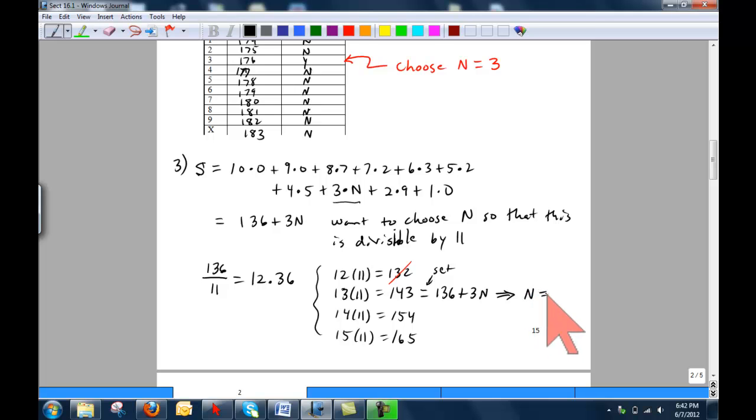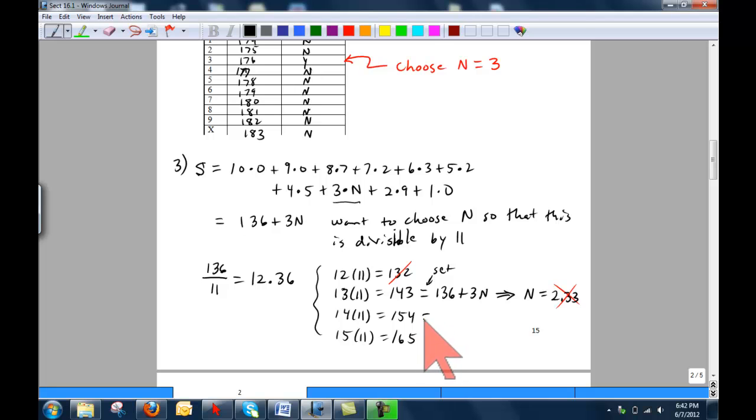If I solve this, take 143 minus 136, divide by 3, I get n equals 2.33. Well, that's not a possible answer. N is a digit between 0 and 9, or possibly the x, the 10, but it's not 2.33.